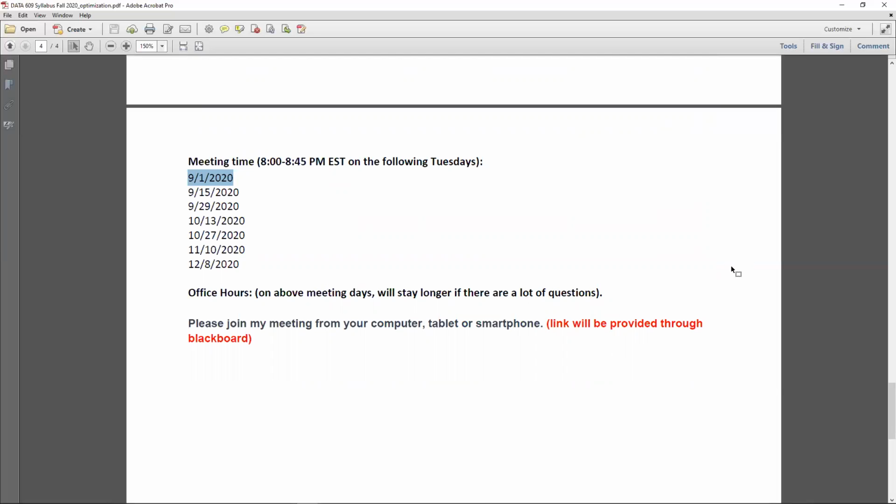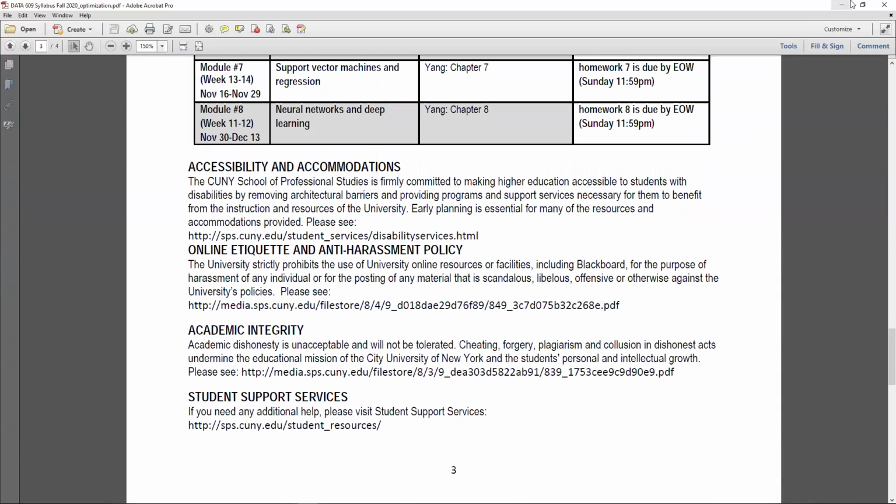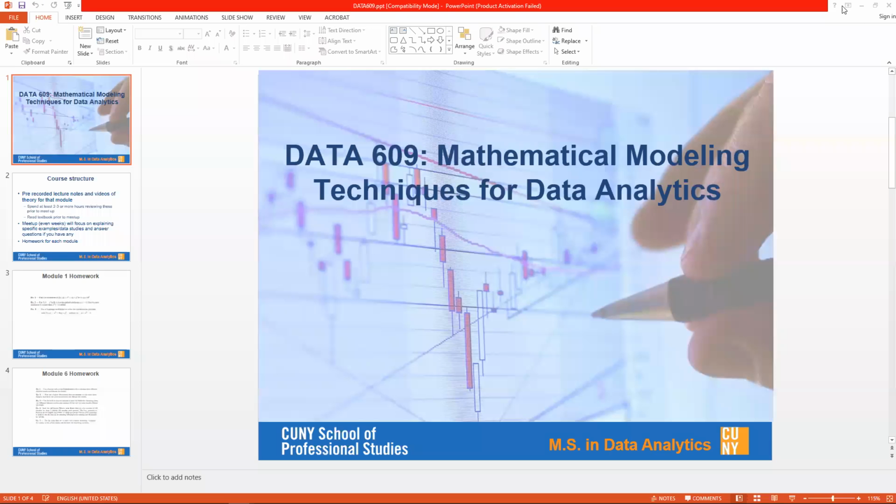One thing that I want to discuss in addition to the syllabus, I also want to mention my view of how you should be learning this whole material. So here I provided a couple of slides. I would also share this in the Blackboard system.